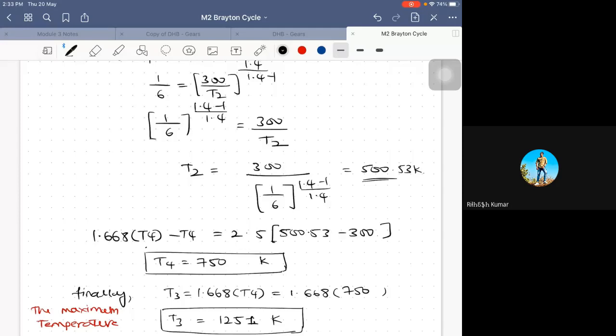Aditya, check where it has gone wrong. Maybe you made a mistake in the calculation. How many of you are getting the same value? Is the T4 value wrong? That is whole divided by.